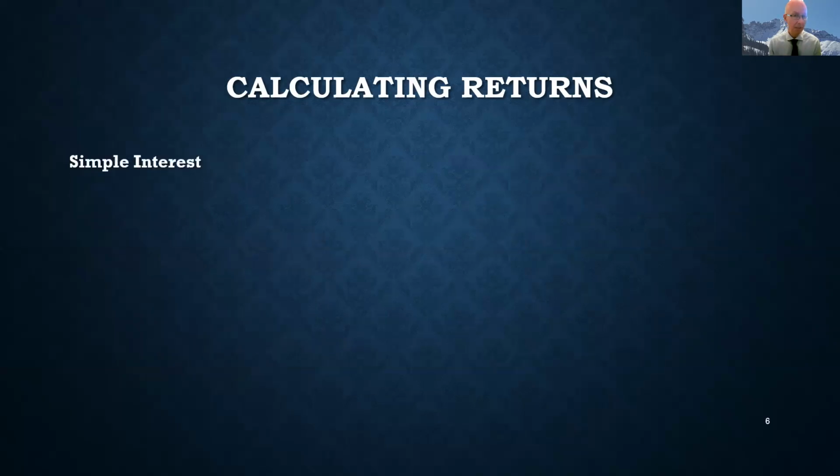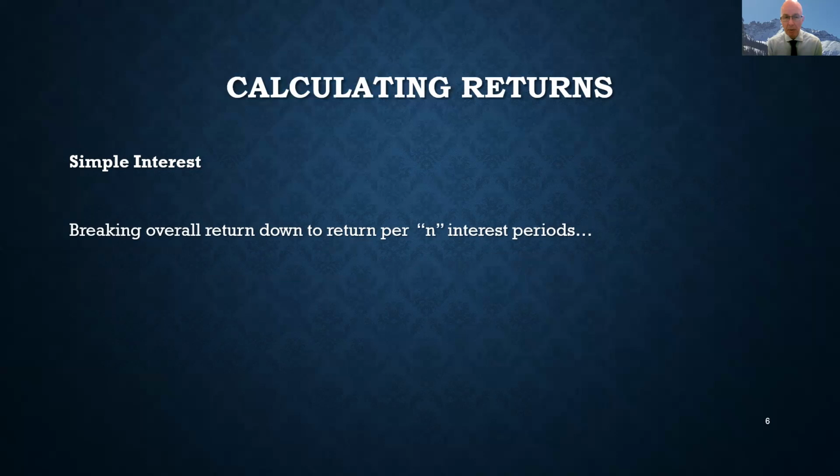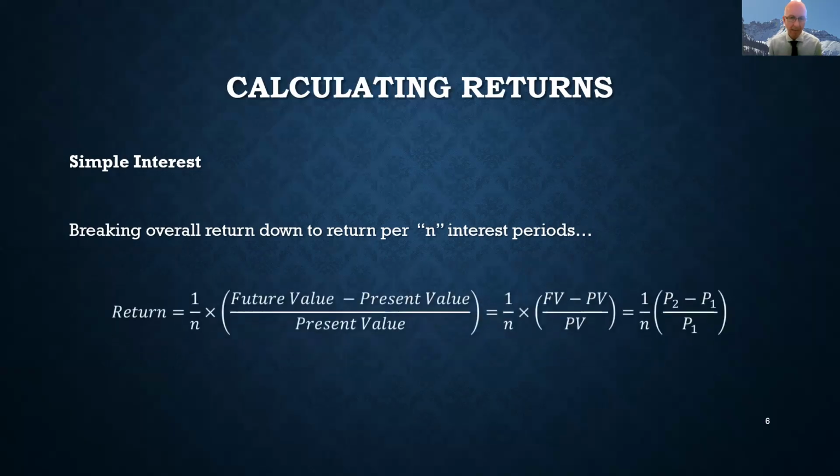Okay, so simple interest. What we're going to do is break down the overall return throughout the whole period to a return per n interest periods. This is the equation. I've actually got three forms of the equation on the one line, so there's no need to panic. So the return equals 1 on n times future value less present value divided by present value.